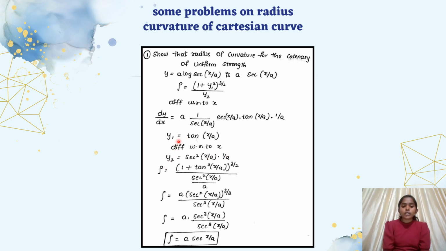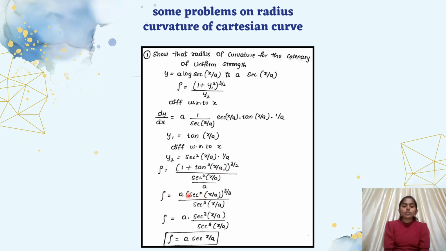Apply y1 and y2 to the formula. Rho = (1 + tan²(x/a))^(3/2) divided by sec²(x/a) divided by a. By the formula, 1 + tan²(x/a) becomes sec²(x/a).